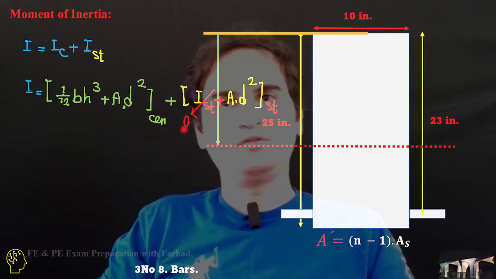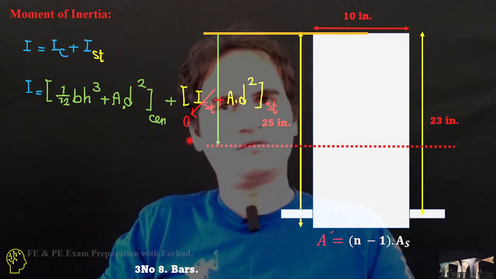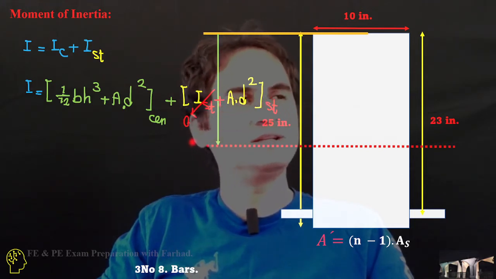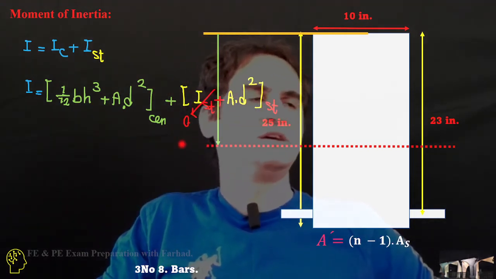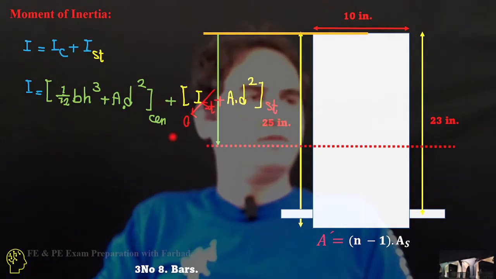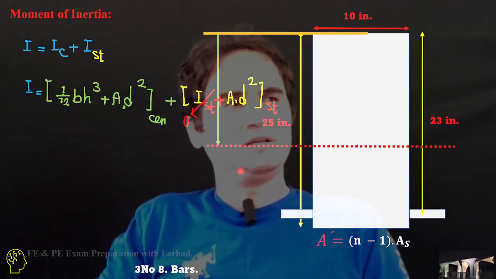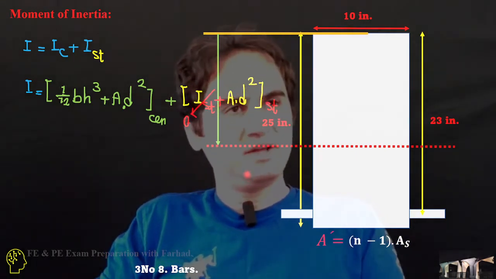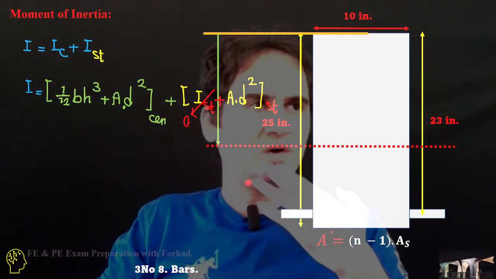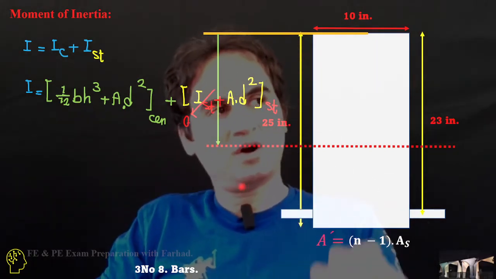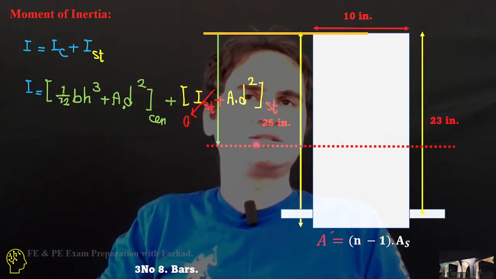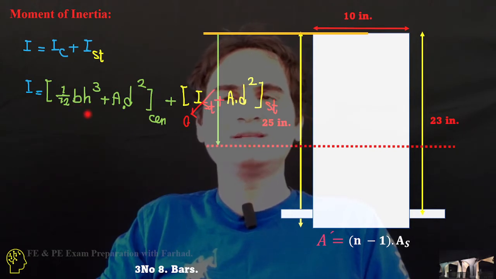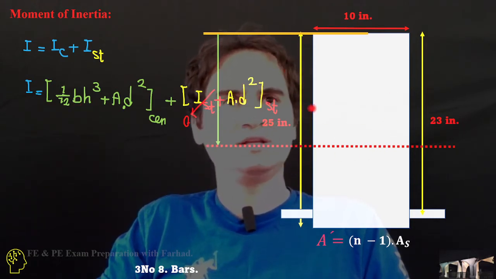But if you pay attention, the moment of inertia for steel is relatively small and almost close to zero, because of the small equivalent area of steel rebars in comparison to the large area of concrete. For concrete it is 1/12 base times height cubed, and the height is 25.